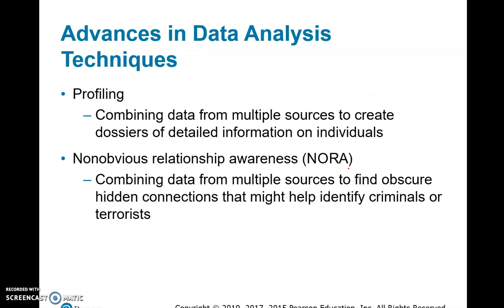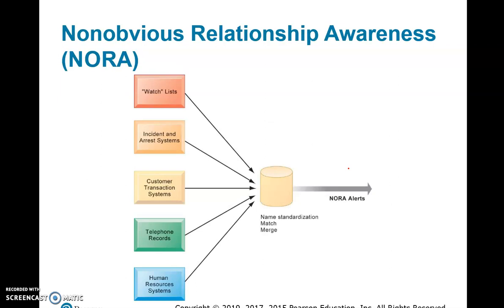So we talked about profiling. Profiling is combining data from multiple sources to create dossiers of detailed information on individuals. Then we have what is called NORA, non-obvious relationship awareness. This combines data from multiple sources and finds obscure hidden connections that might help identify criminals or terrorists. For instance, NORA is pretty good when used really well.